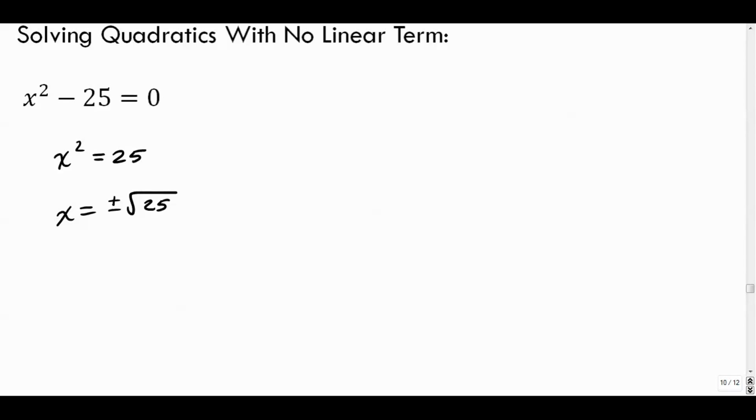When you do that, you have to think about the principal root and the negative root. So you have to take both the positive and the negative. So the answer to this is positive and negative 5. And the reason that you have to use both of those roots is, think about it, some number times itself is positive 25.